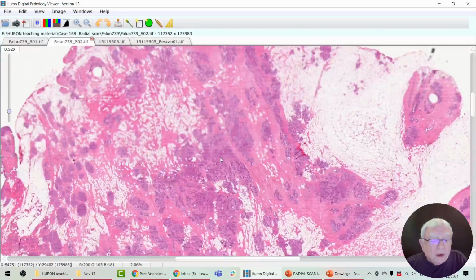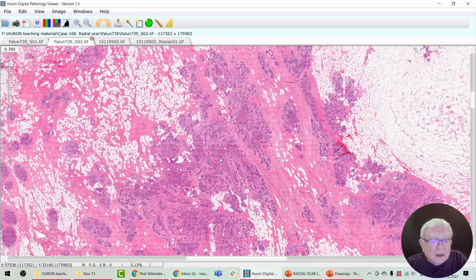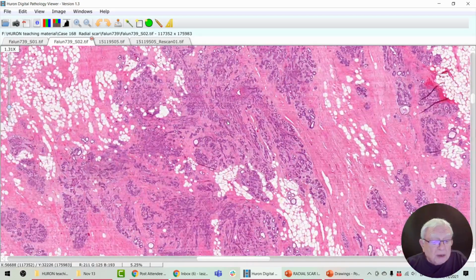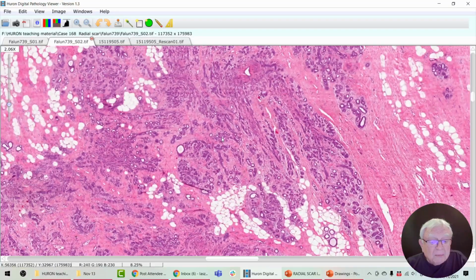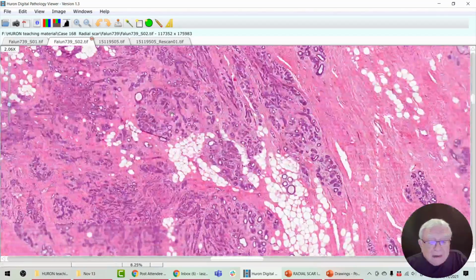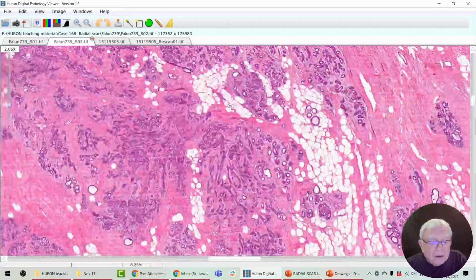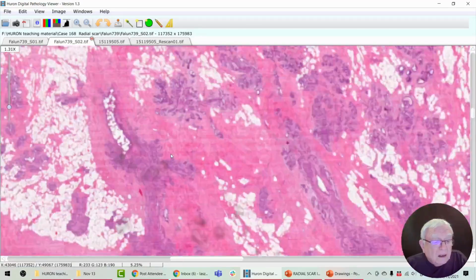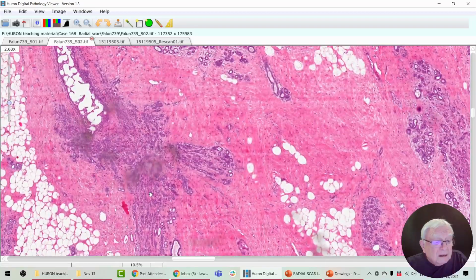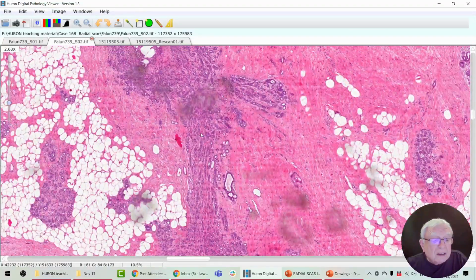So now we are going to go into it, and this is what is called hyperplasia. Not cancer, no. Elongated acini. This could be sclerosing adenosis.